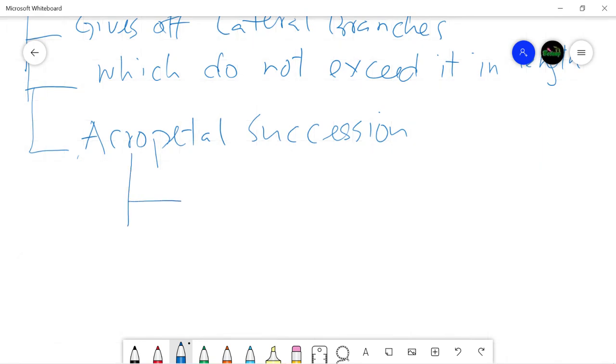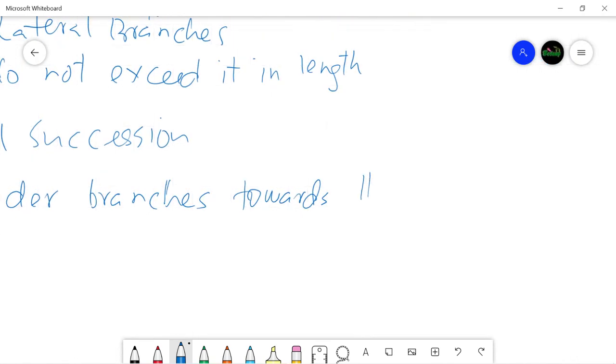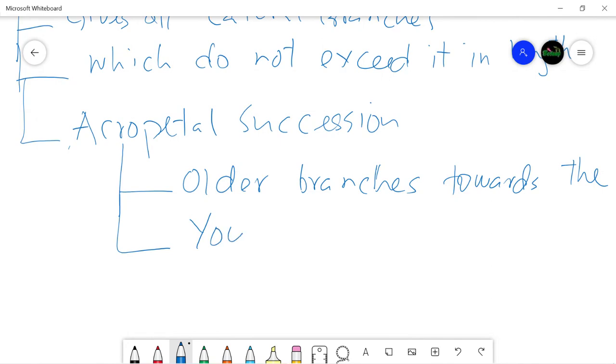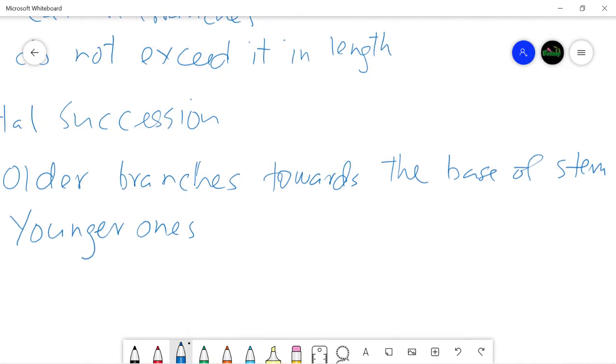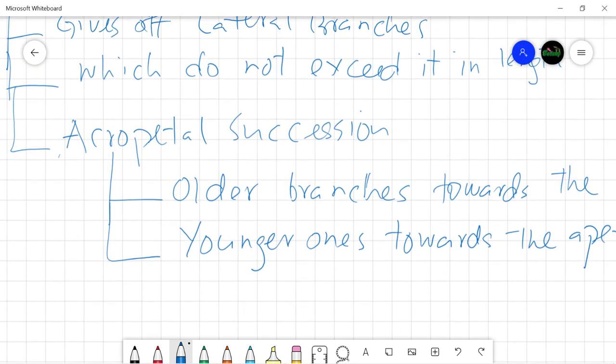Older branches are towards the base of the stem, and the younger ones towards the apex of the stem. It's a very simple concept. This is known as acropetal succession.